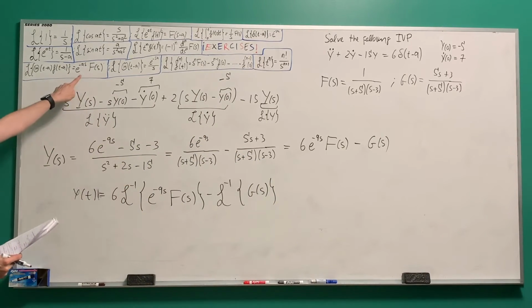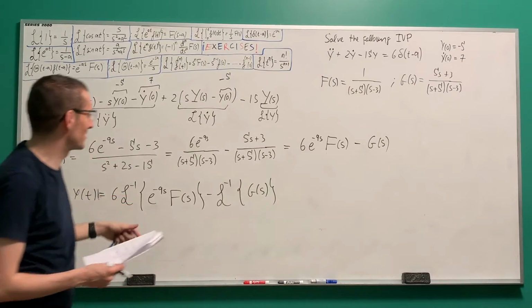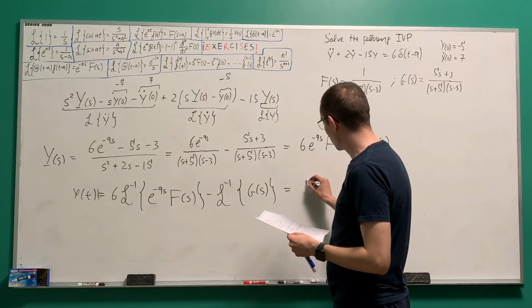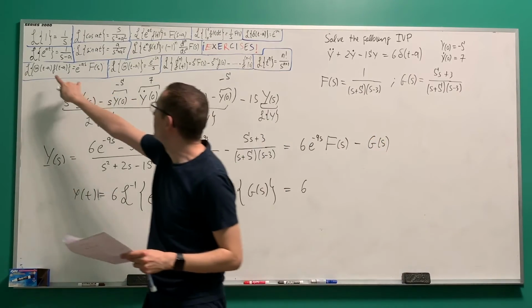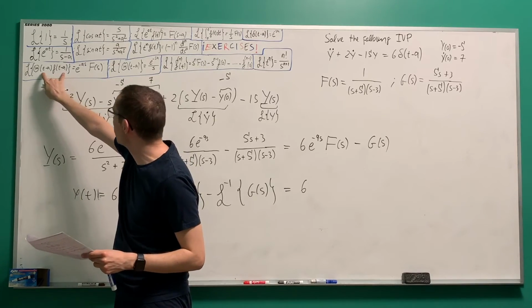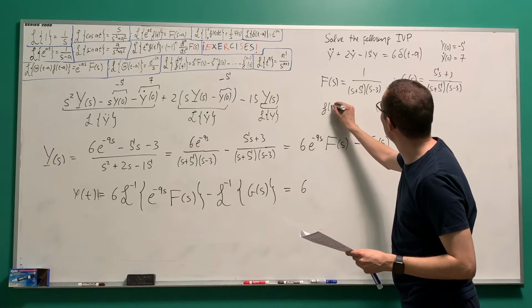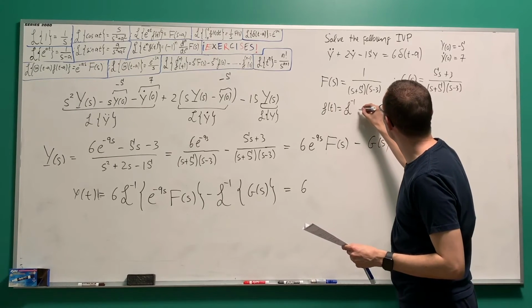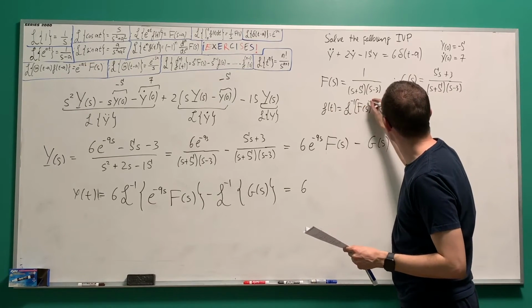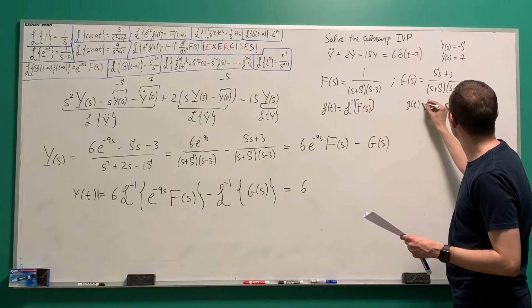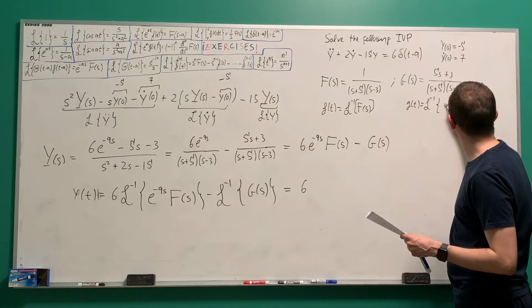Because now this is written exactly as in the second shift theorem, and then I know if I solve this one, I'm going to get 6 times theta t minus a times f t minus a, where f of t is the inverse Laplace of f of s, alright, and then g of t is the inverse Laplace of g of s.